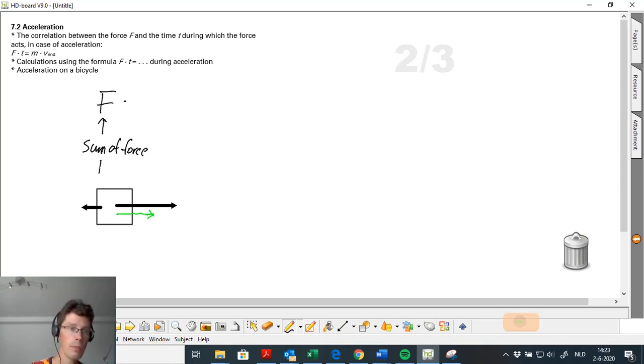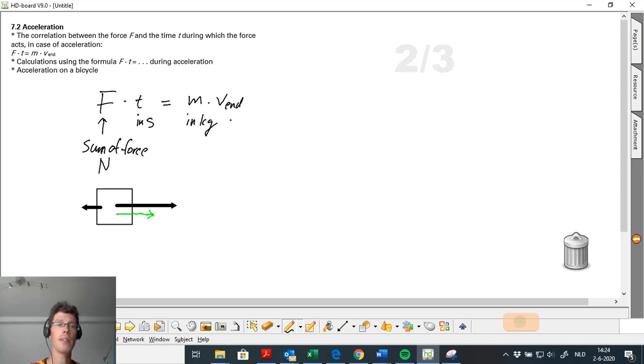Measured in Newton, of course, multiplied by time in seconds, and this equals the mass in kilogram times v end.